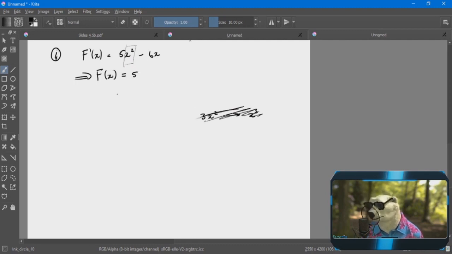This is unfortunately not happening. So x squared requires that it comes from x cubed, because the power rule is going to decrease that power of x by 1. That's the only way x squared can be obtained as a derivative answer. But if I leave it like this, I'm going to get a 3 times x squared.